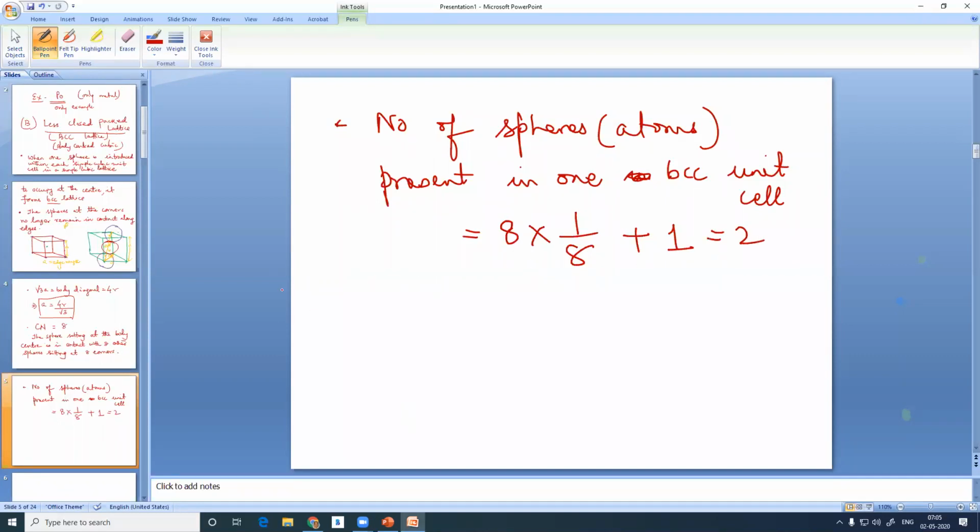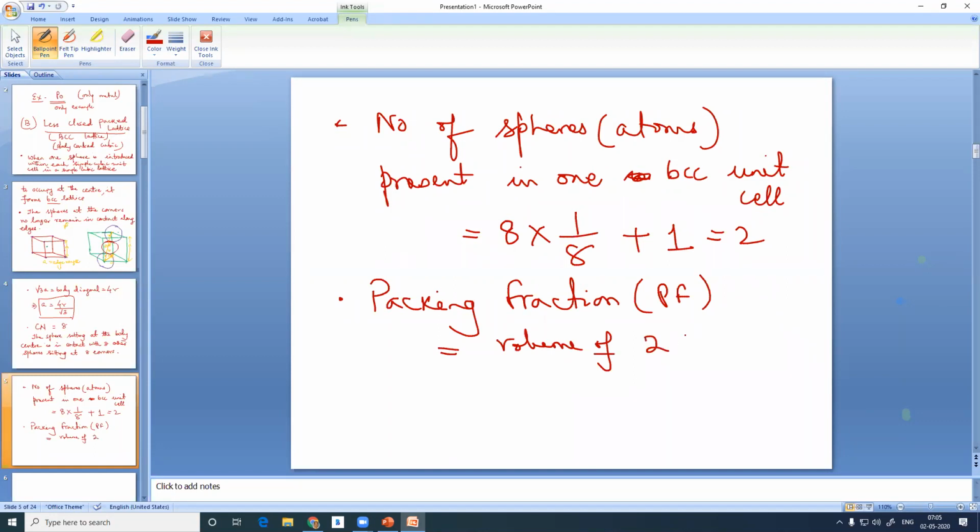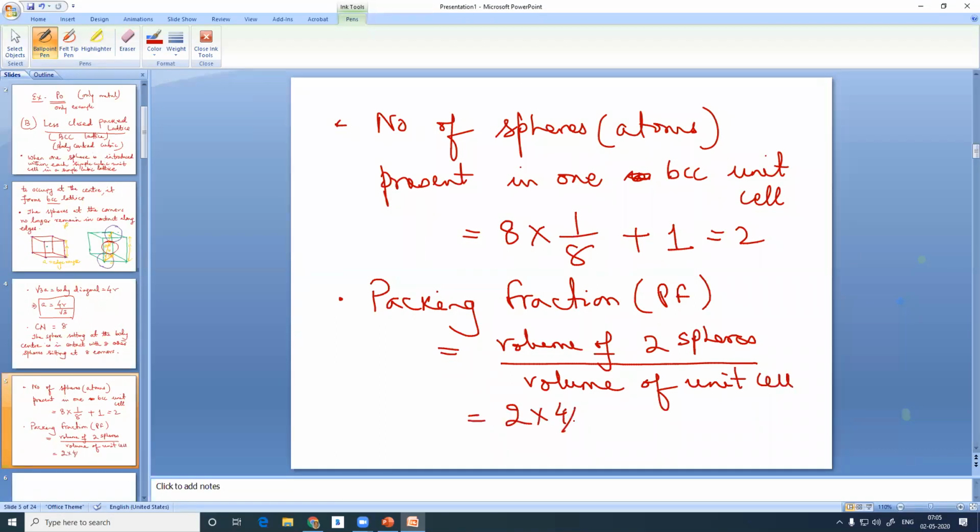Remember this. So when you find packing fraction, PF, it is the volume of 2 spheres, because 1 unit cell contains 2 spheres, divided by the volume of the unit cell, the whole unit cell. That's the cube. That means it will be 2 into 4/3 pi r cube divided by a cube. And what is a?